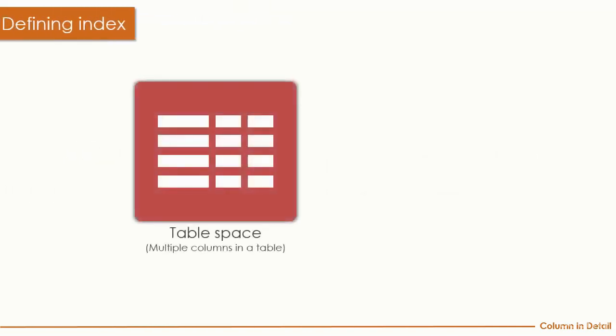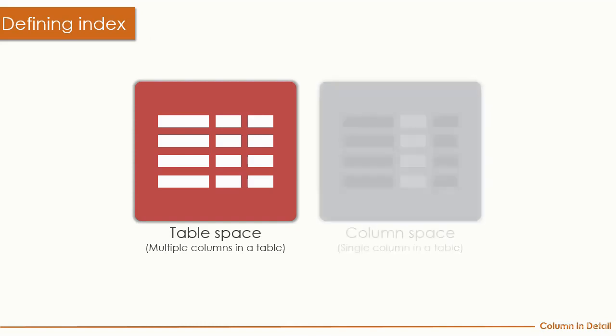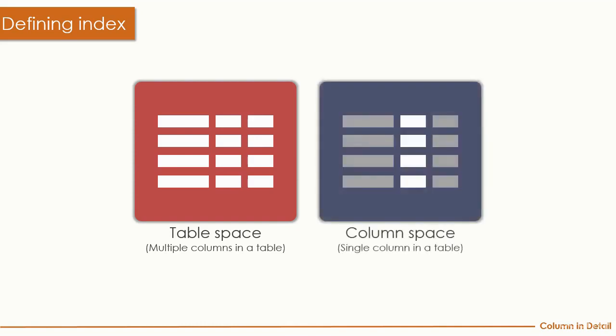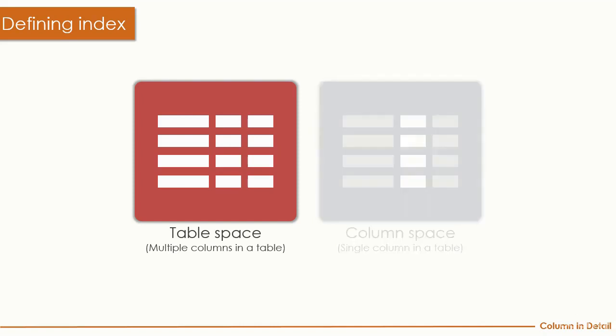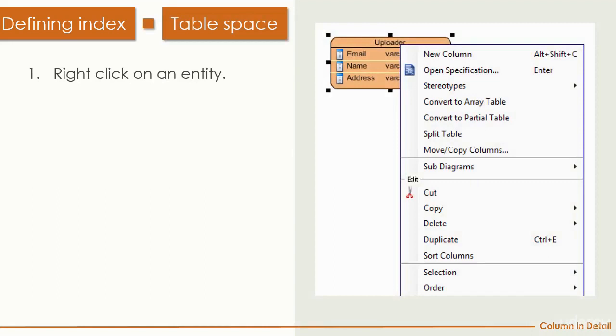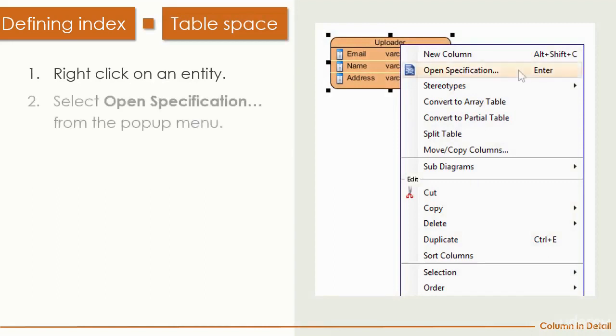So setting the index in Visual Paradigm is easy, and you have 2 options. You can set the index in the table space. You can have multiple columns combined to be the index, or you can specify a single column as an index. Let's take a look at the table space. To set it is easy. You just right click on the entity and open the specification.